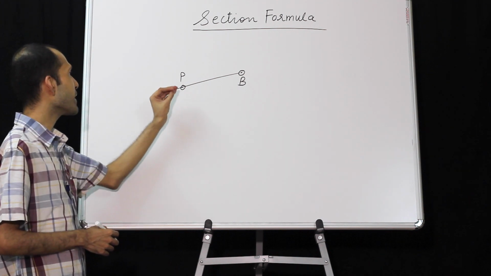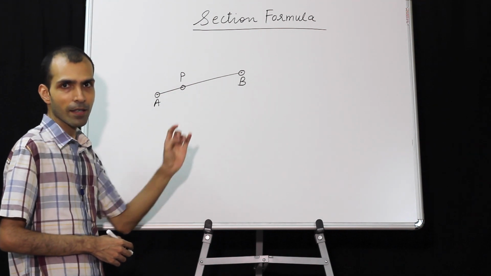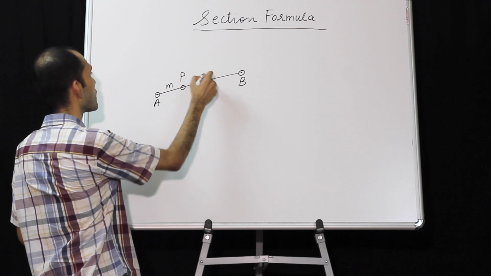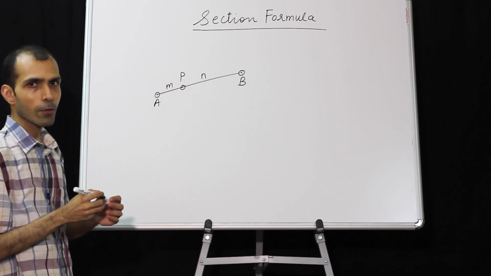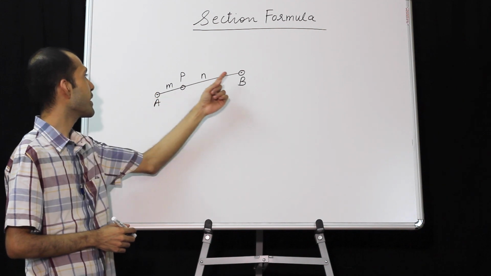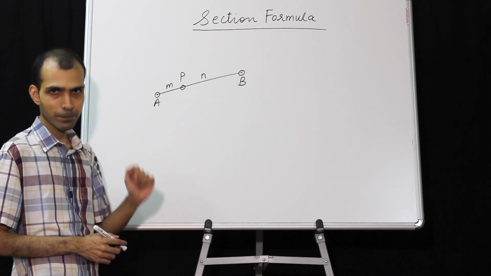So let P divide segment AB in the ratio m:n in general. Okay, in general, point P divides segment AB in the ratio m:n.